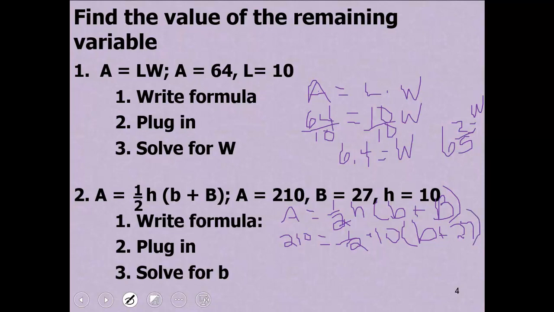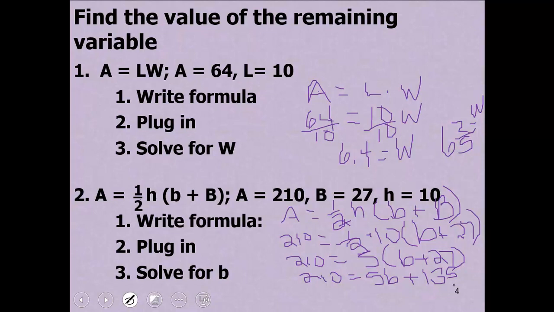Now I'm going to simplify and solve for b. So the first thing I'm going to do is take care of that fraction. And 1/2 times 10 is just 5, times b plus 27. Okay? So then I'm going to distribute, and I get 210 is equal to 5b plus 135.